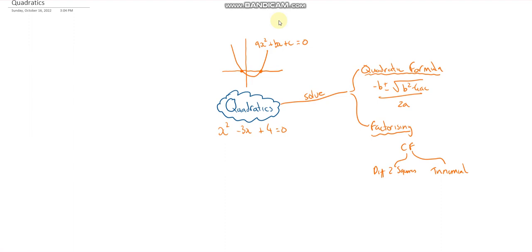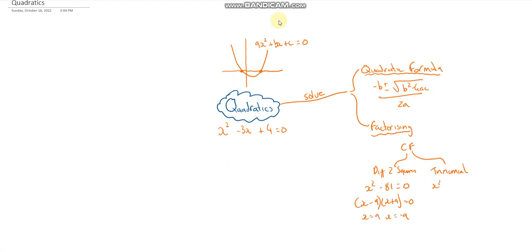Okay, so difference of two squares would be something like x squared take away 81 is equal to 0, so you've got x take away 9, x plus 9 if you remember that, and that would be x then is equal to 9, or x is equal to negative 9.